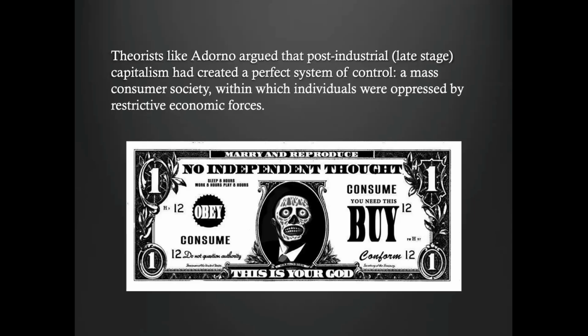Well, because the people are complicit here. So you get a mass consumer society within which individuals are oppressed by restrictive economic forces. So people willingly participate in their own oppression. And so the oppression becomes invisible to them. Interesting theory.